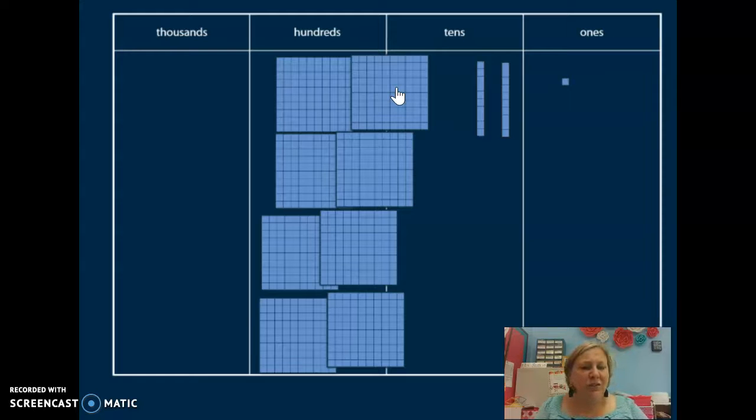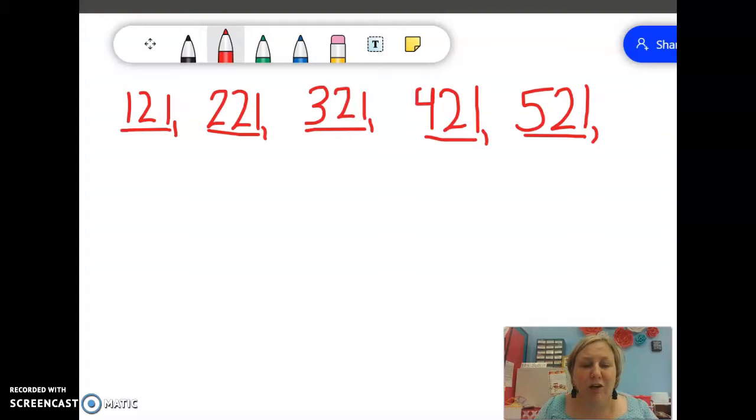Did the hundreds change, the tens, or the ones place value change? All right, so I just wrote down the numbers we said. We started at 121, then we did 221, 321, 421, 521. And I asked y'all what you noticed. And I heard somebody say the only number that they saw changing was the hundreds. And that is correct.